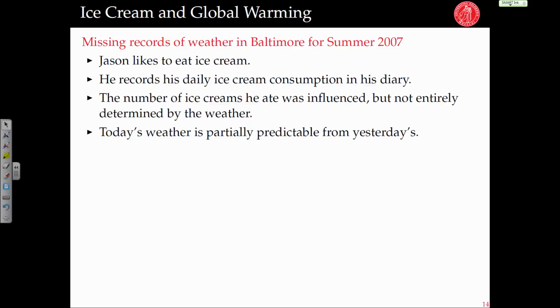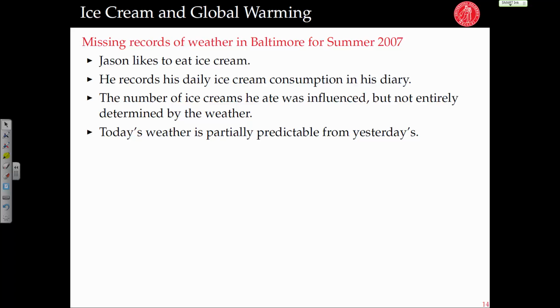So you have a problem here: you are in the year 2800, for example, and you are studying the history of global warming. So humanity survived until then, and you were assigned this task. But you had a problem, which is that the records of the weather in Baltimore in the summer of 2007 were lost. So we don't have any track of the weather at the time.